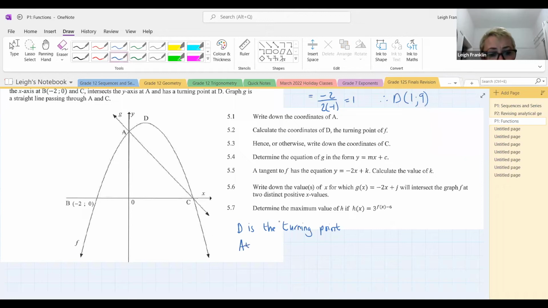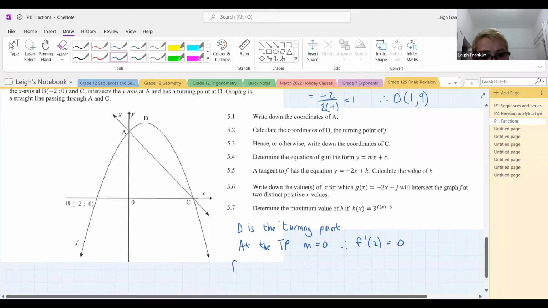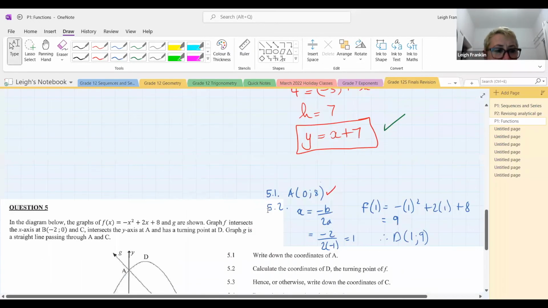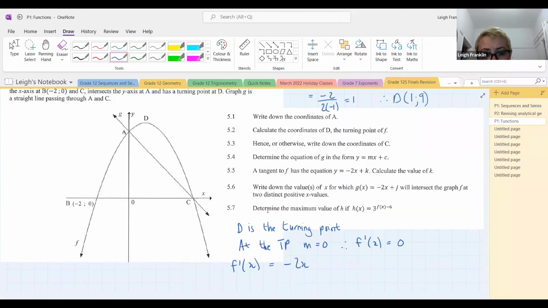So at the TP, the gradient is 0. That means that your first derivative is equal to 0. So we can derive, this is going to give us minus 2x. Let's just go back and look at the formula. Minus 2x plus 2. At the turning point, the gradient is 0.